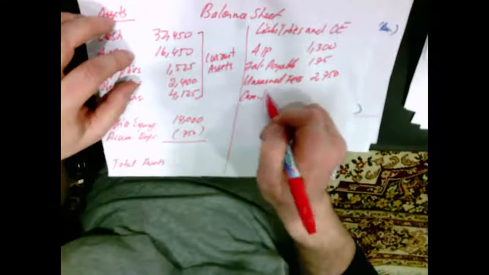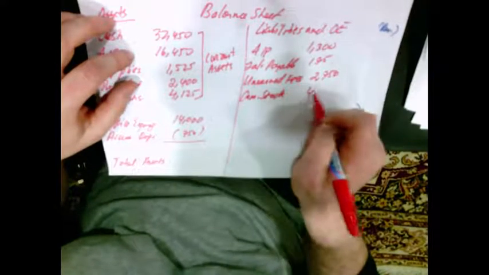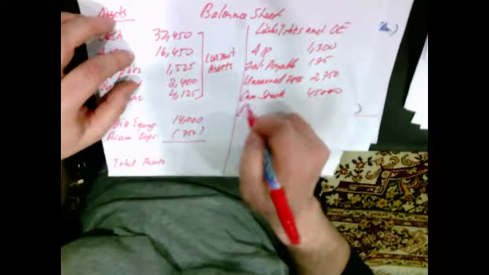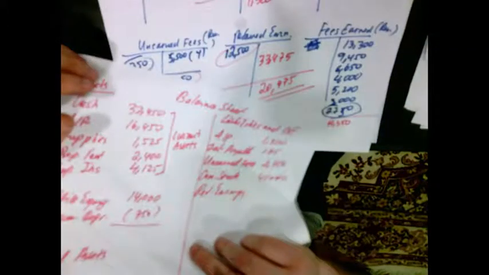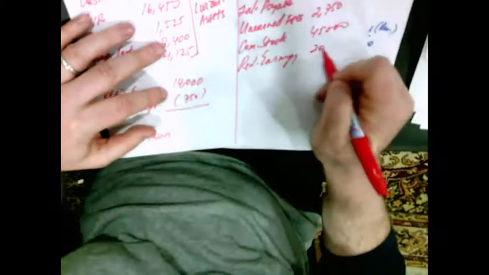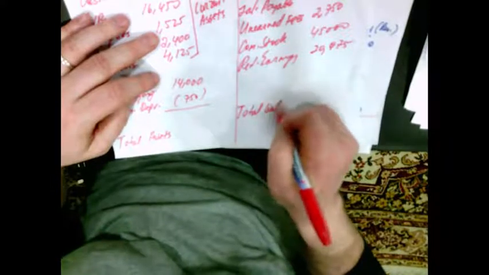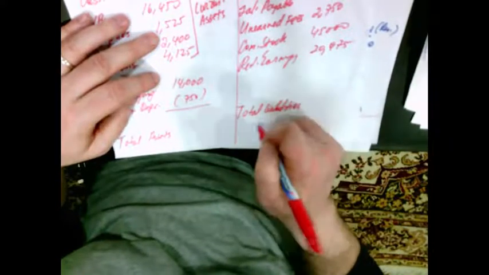Common stock 45,000. And finally, retained earnings of 2975. And that will give us total liabilities and owner's equity.